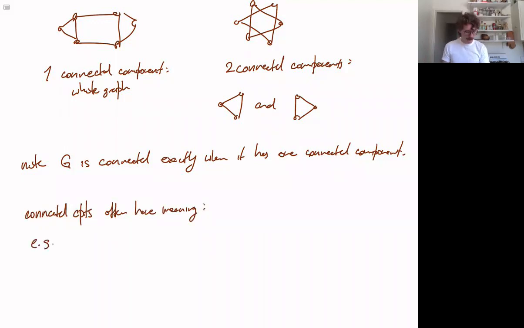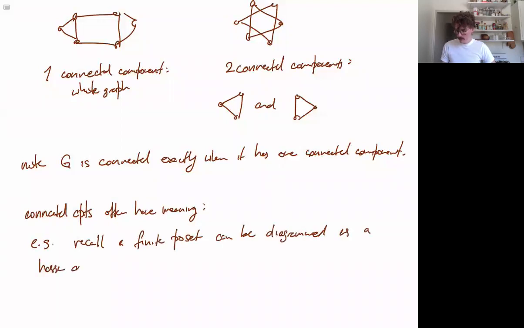So for example, recall a finite partially ordered set, finite poset, can be diagrammed as a Hasse diagram, which is essentially a graph.